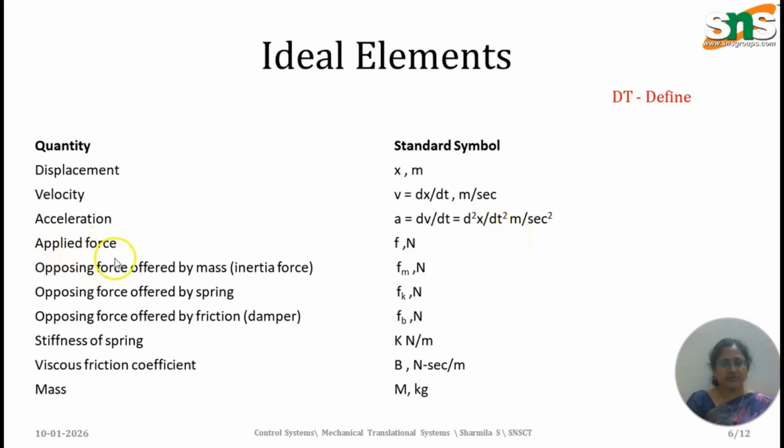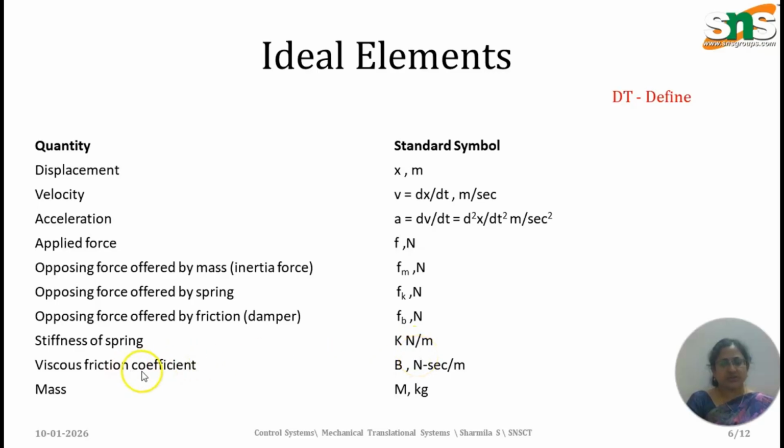The applied force is represented by F and the unit is Newton. And the mechanical system has opposing forces as well as the applied force. The opposing force offered by mass is the inertia force, that is Fm, and the unit is N. The opposing force offered by a spring is represented as Fk, and the unit is N. The opposing force offered by friction, that is damper or dashpot, is Fb, in N. The stiffness of the spring is K, in Newton per meter.